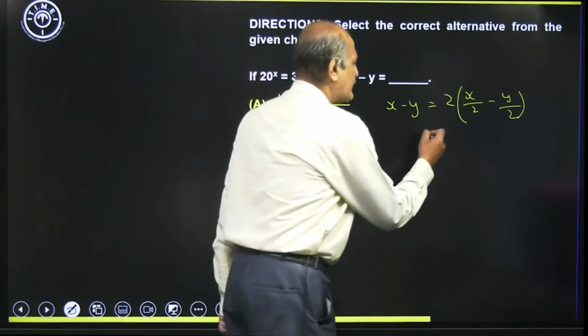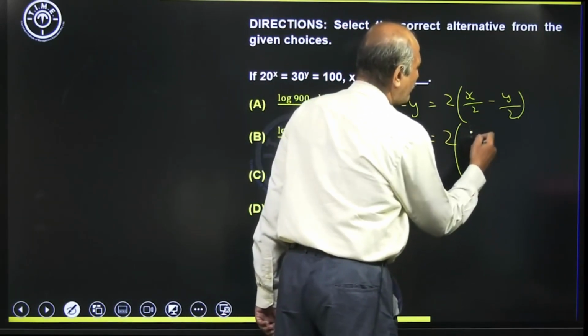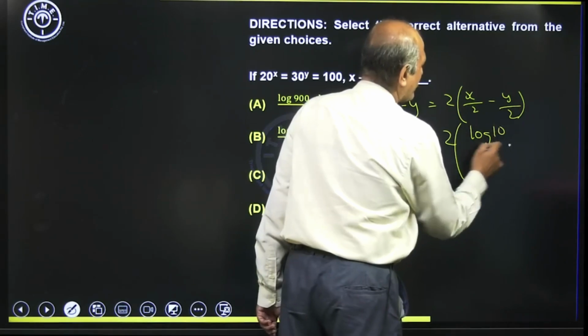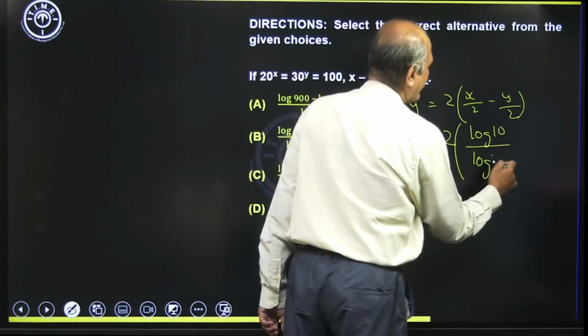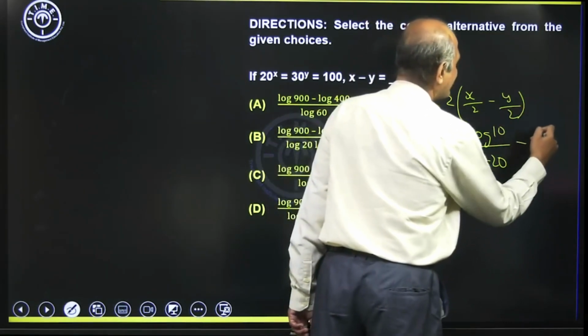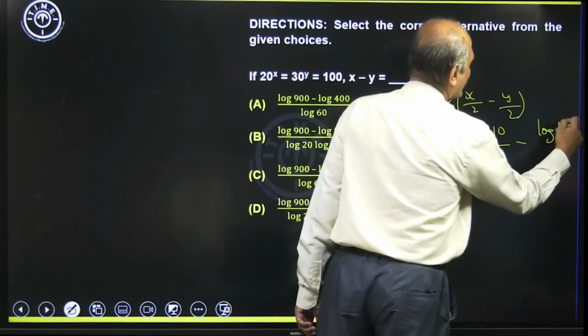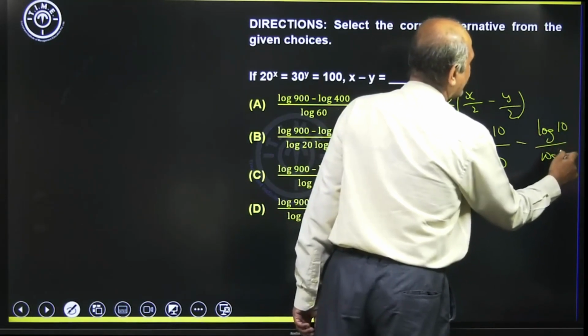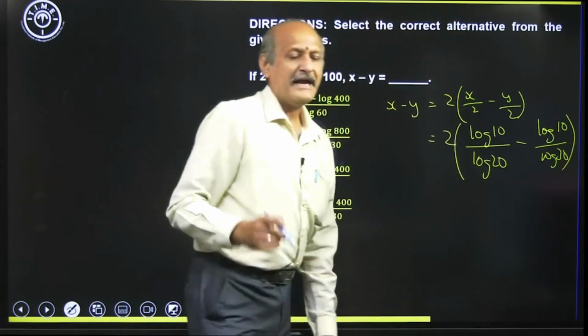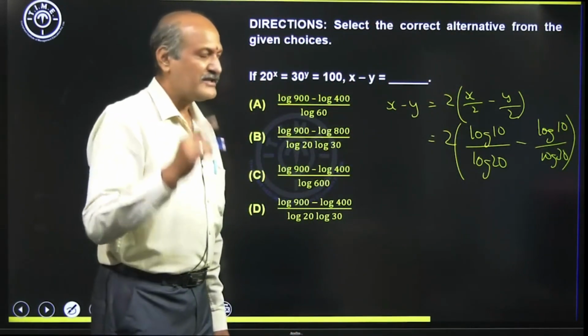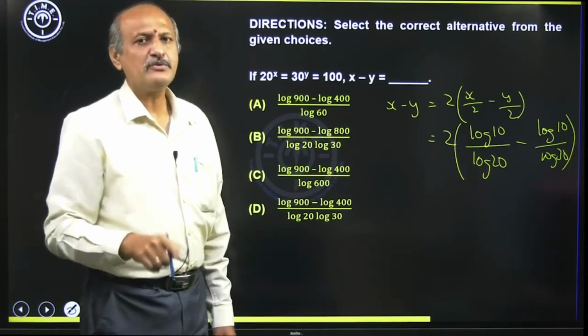So this can be written as 2 times of log 10 divided by log 20, minus log 10 divided by log 30.